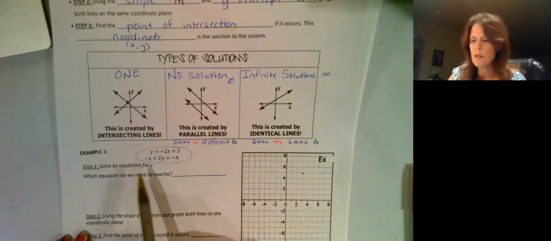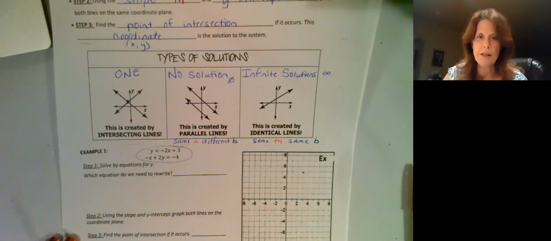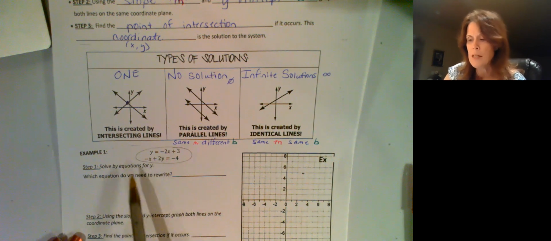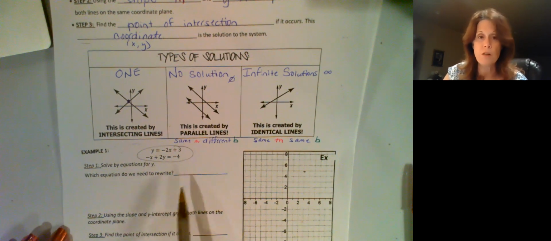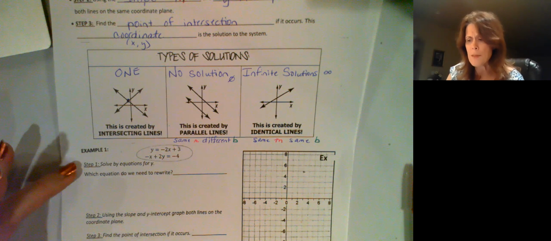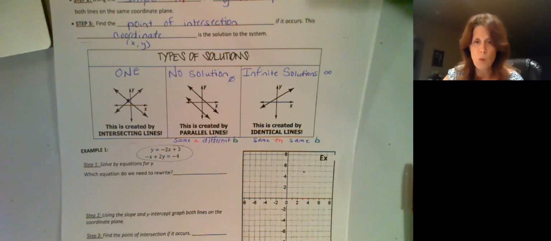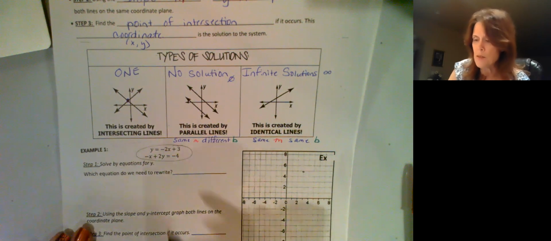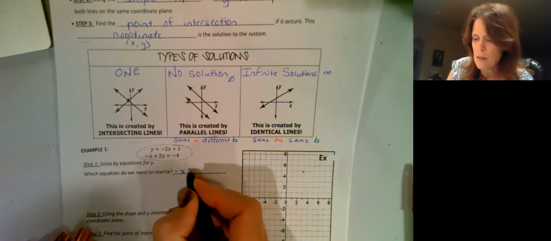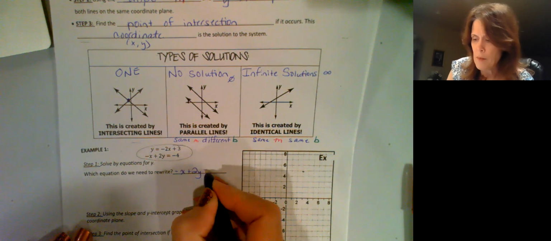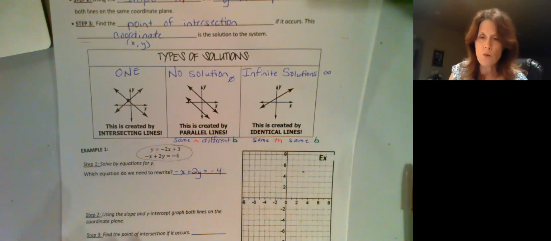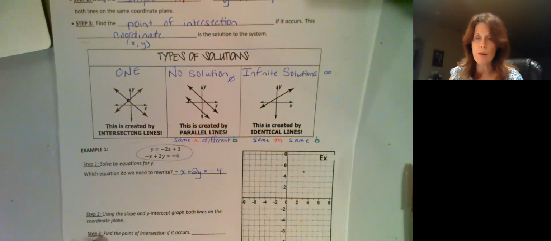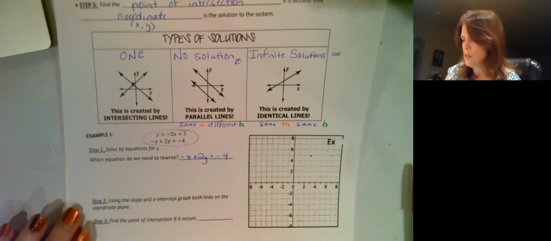All right, so if we were given this system, these two linear equations, y equals negative 2x plus 3, negative x plus 2y equals negative 4, our first step is that we have to solve them for y, and one's already solved for y. The equation that we need to rewrite is this one, negative x plus 2y equals negative 4. So if we're solving for y, trying to isolate y, we're going to undo addition first.